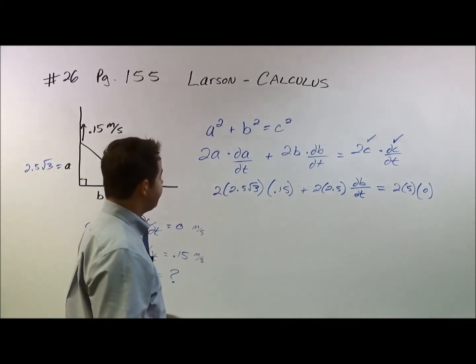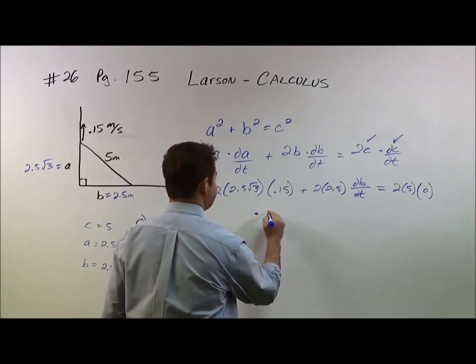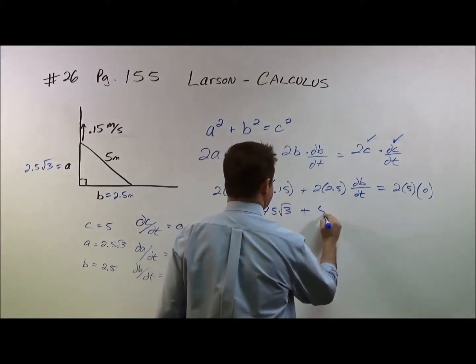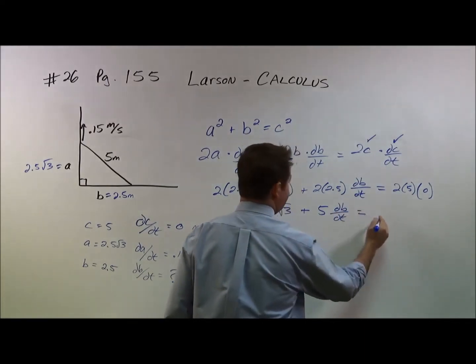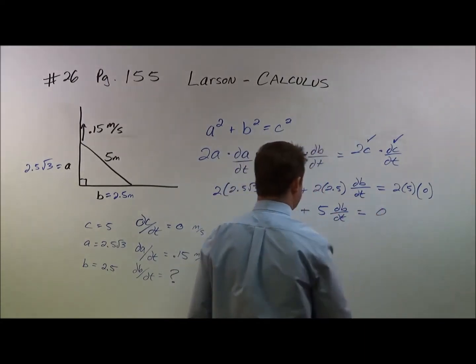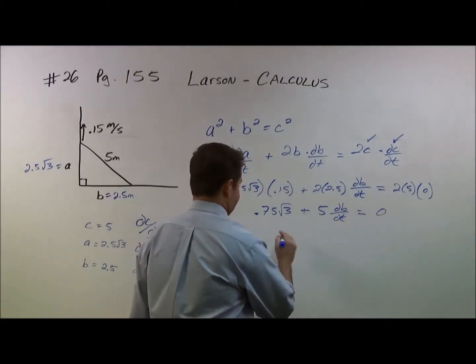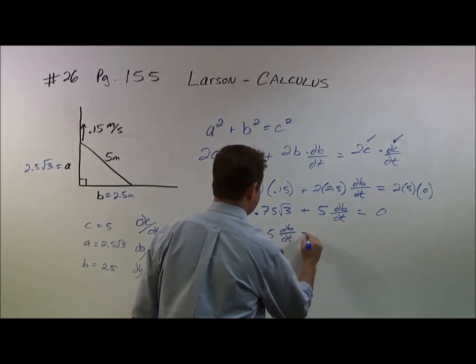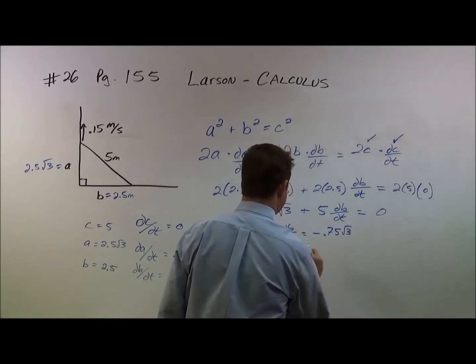2 times 2.5 is 5. 5 times 0.15 is 0.75. So this will simplify to 0.75 root 3 plus 5 times dB/dt equals, anything times 0 is 0. We bring the 0.75 root 3 over, and we have 5 dB/dt equals negative 0.75 root 3.